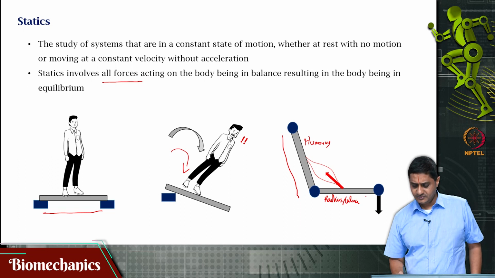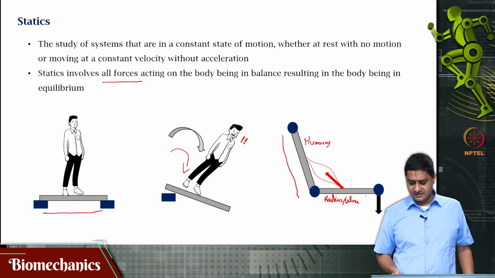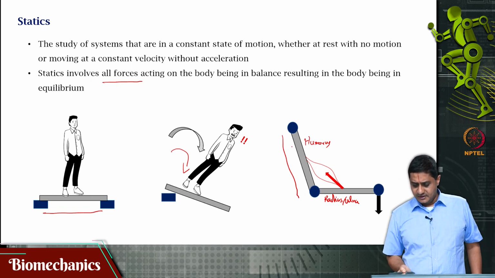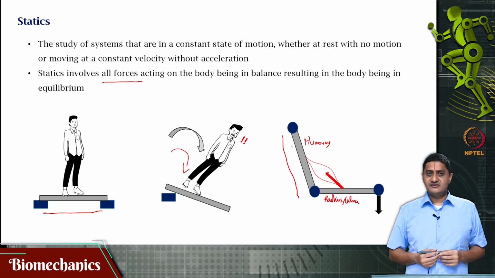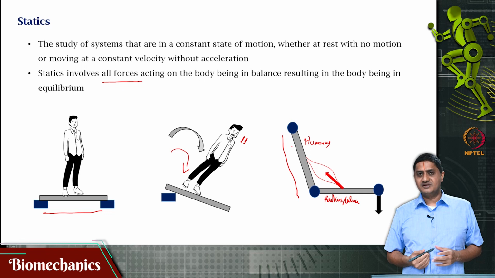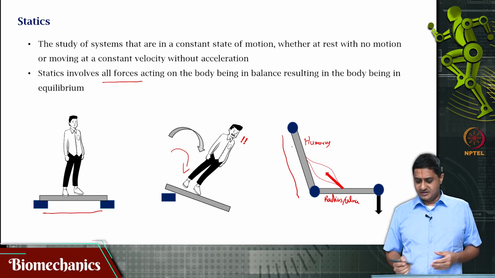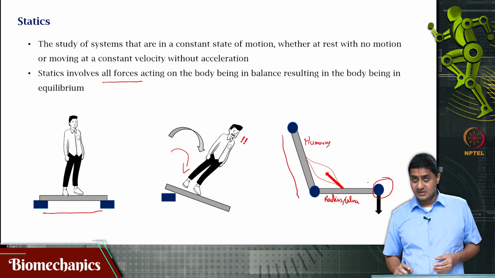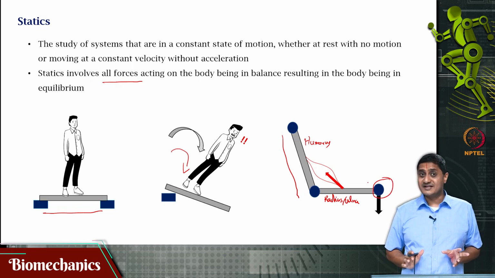Now, a muscle can connect these two, and if this object is to be in static equilibrium, the force that is produced by the muscle must compensate for the weight of this object. That does not mean that these two are exactly or numerically equal. We will have to work it out.